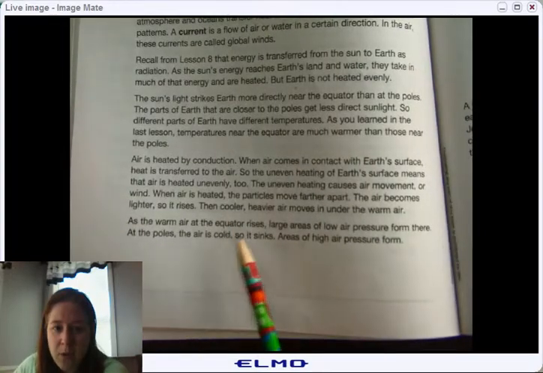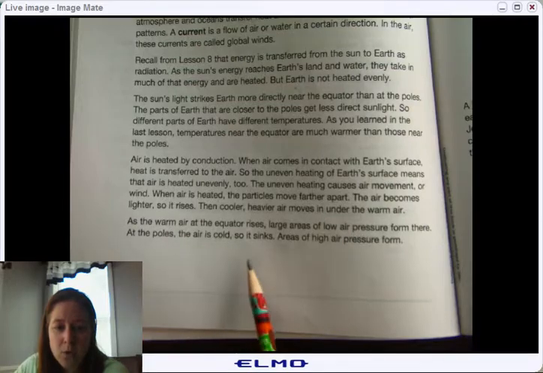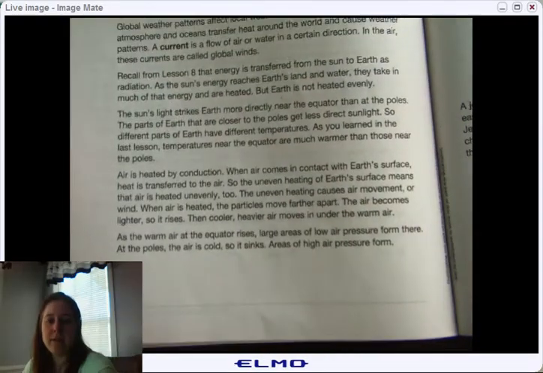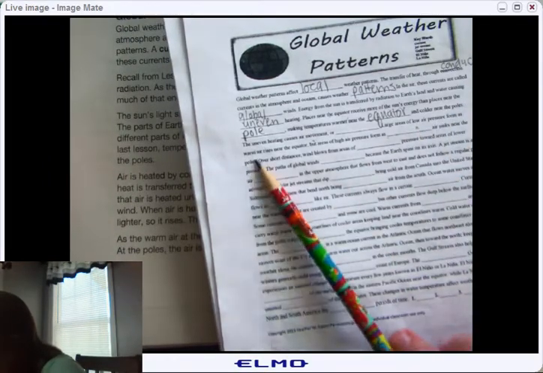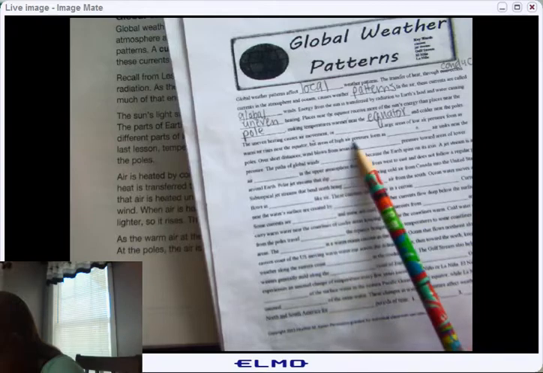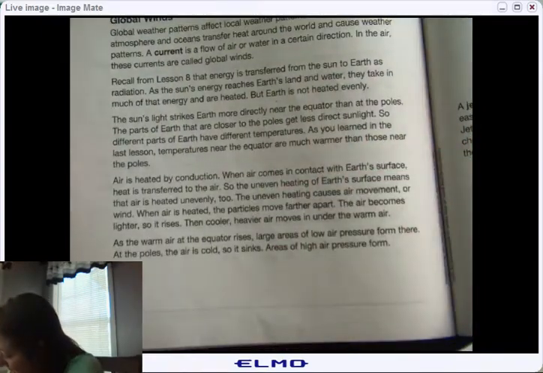As warm air at the equator rises, large areas of low pressure form there. At the poles, the air is cold, so it sinks. Areas of high pressure form. So large areas of low pressure form as warm air rises near the equator, but areas of high pressure form as cold air sinks near the poles.